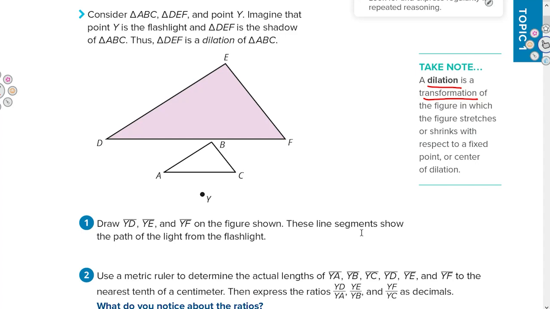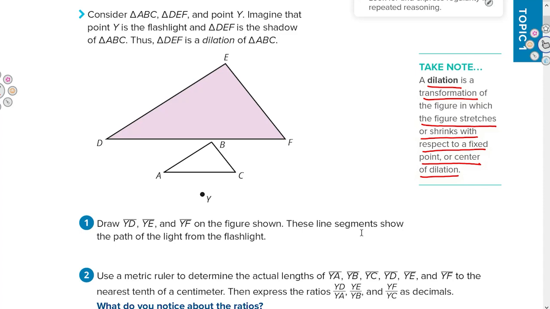Now, this is a kind of transformation different than those three, in which the figure stretches or shrinks with respect to a fixed point or center of dilation. So it's going to get bigger or smaller with respect to some center point, which is called the center of dilation.